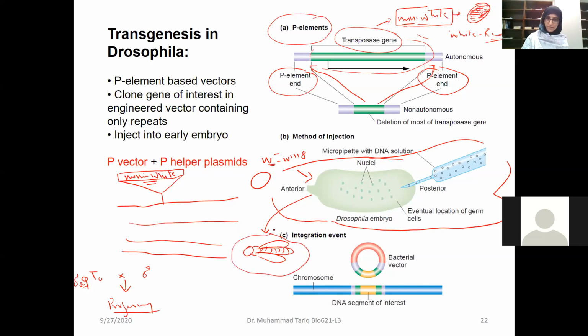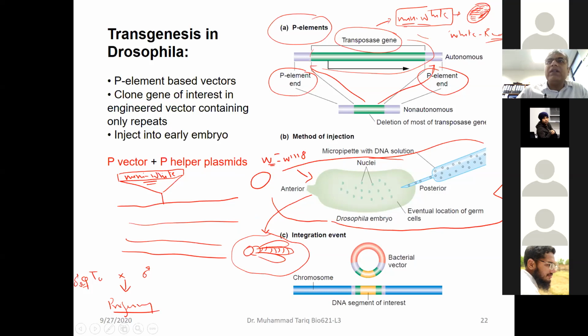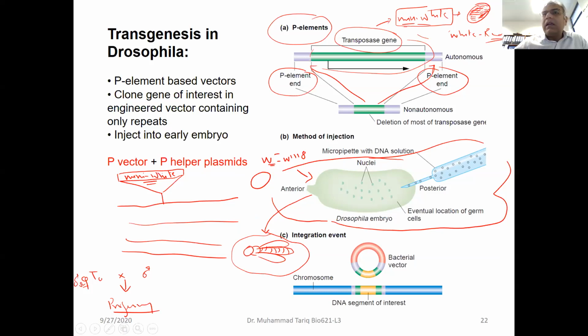Good. Very good. So as Amna is saying, we have injected in the germ cells. And when this embryo develops, all its other cells and nuclei are normal. And this generation will show simple white eyes, no orange or red.